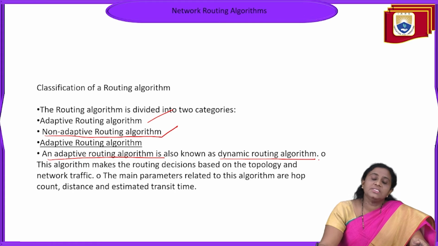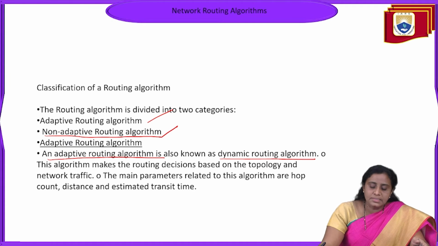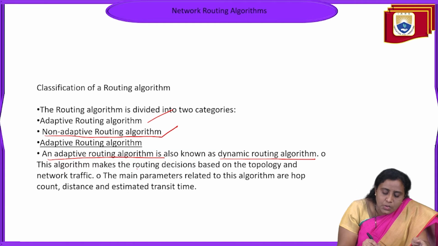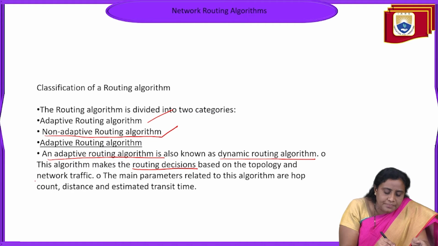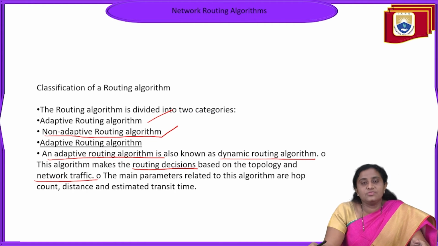The advantage of using an adaptive routing algorithm is that it makes routing decisions based on the topology and the network traffic available on the network layer. The second element is the main parameters, or metrics, of an adaptive routing algorithm.